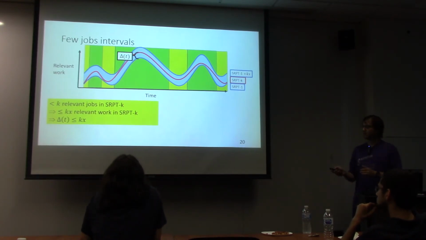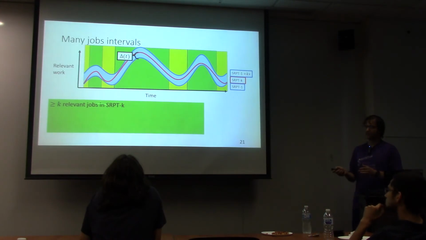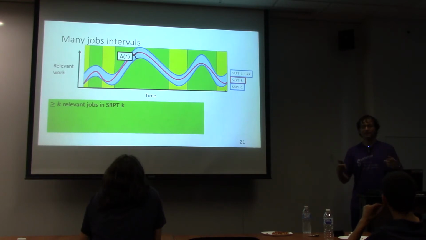In the many jobs intervals, there's at least k relevant jobs in SRPT-k. In this situation, all k servers are running relevant jobs. This means we're completing relevant work at speed 1. There's no way the SRPT-1 system can complete relevant work faster than that.